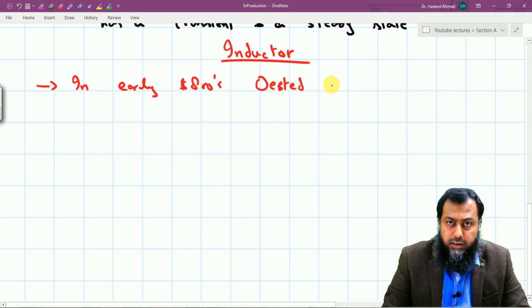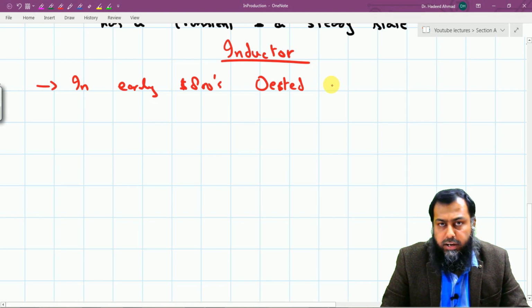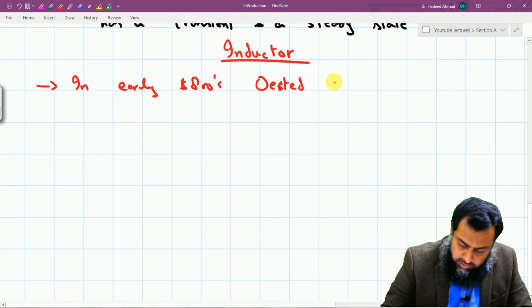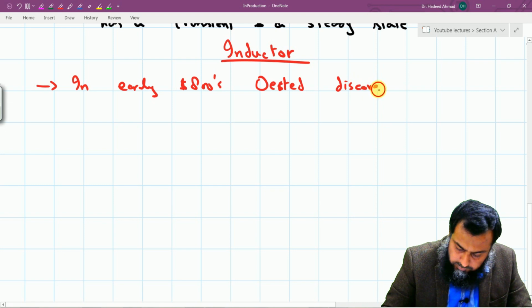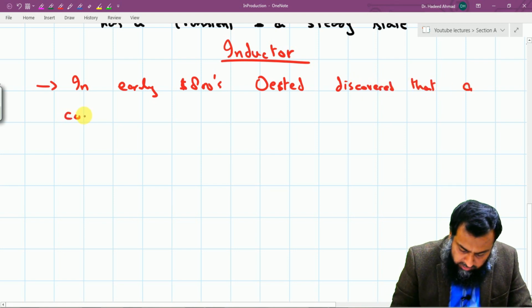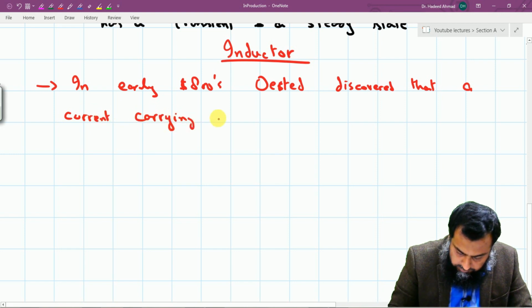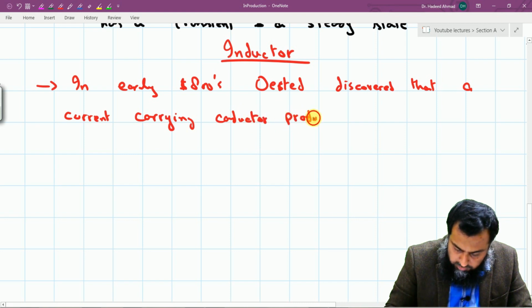He discovered that a current creates a magnetic field. Oersted discovered that a current carrying conductor produces a magnetic field.